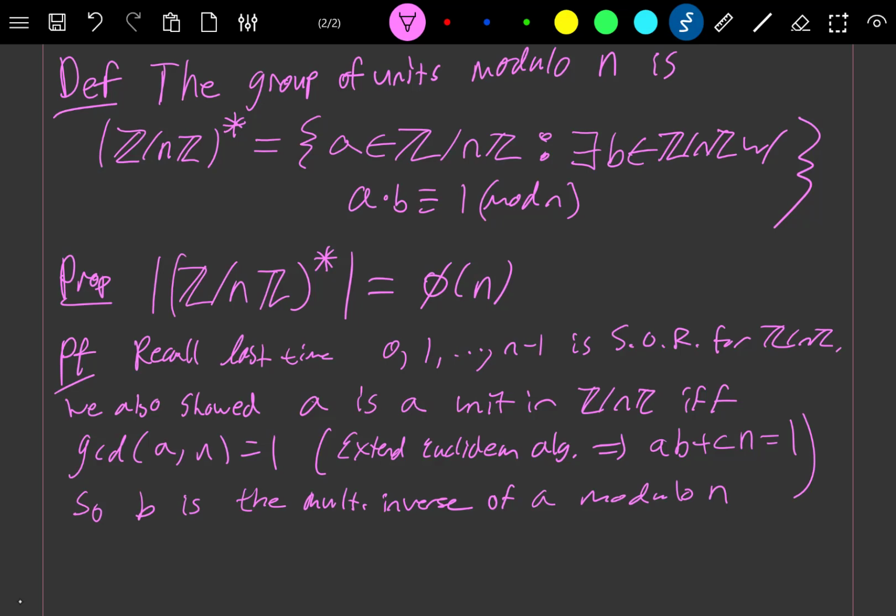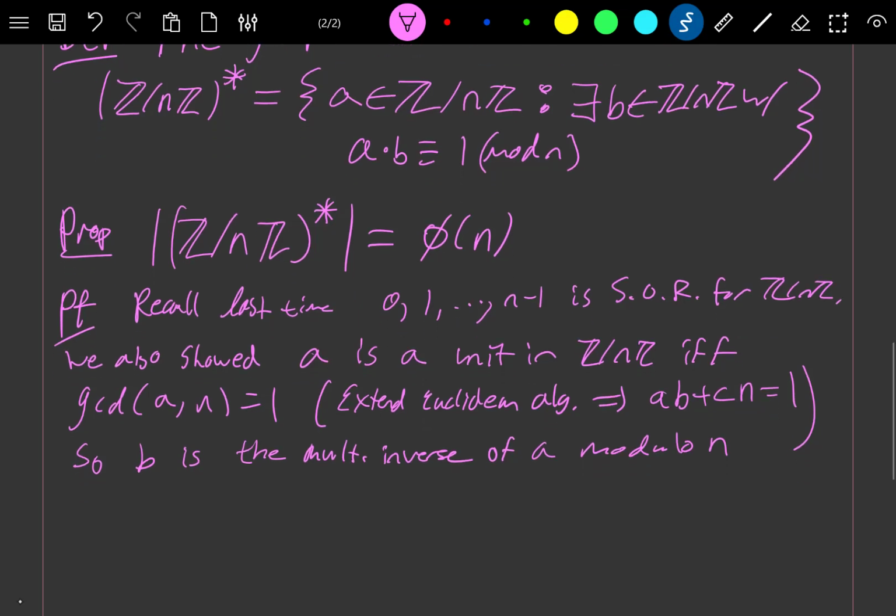Thus we see in the other direction, if the GCD is not 1, then we can find a zero divisor, and we know units are not zero divisors. So that's the other direction.